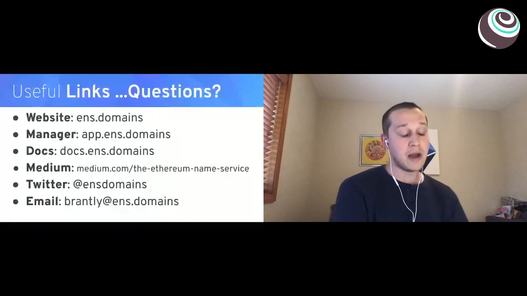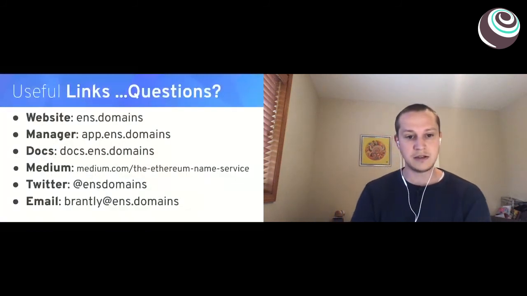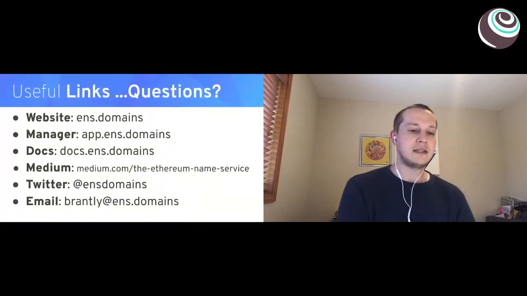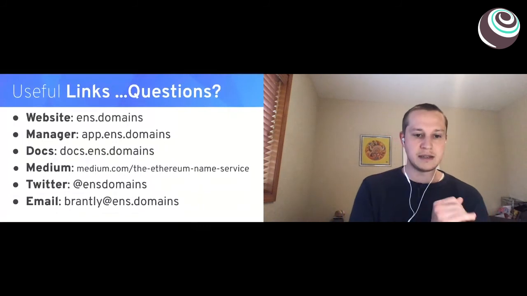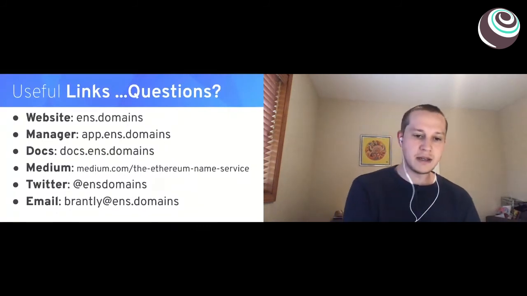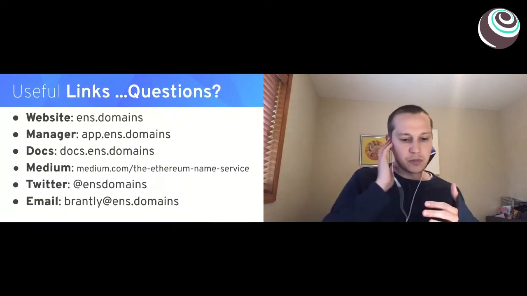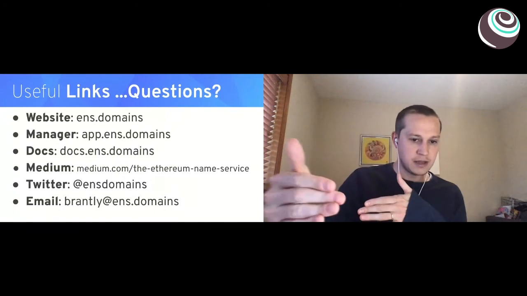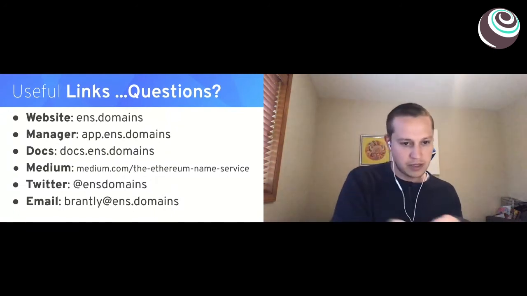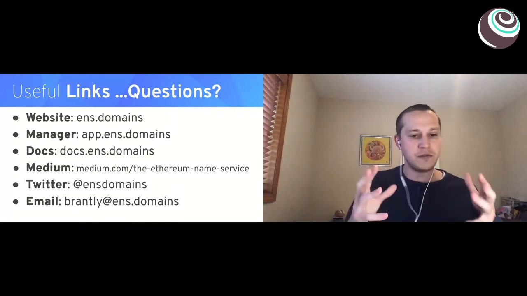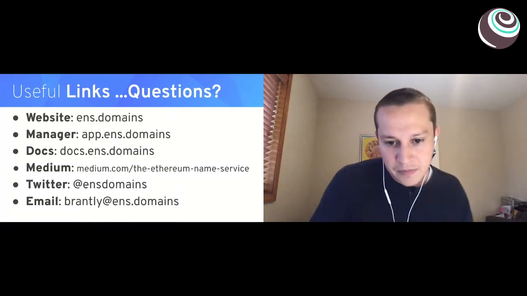So that means you have to own the DNS name in order to get the same name on ENS. We also will have a way that if somebody loses a name on DNS, you can delete the name on ENS. And if somebody claims a name on ENS, and then the DNS name is transferred to somebody else, that new person can take away that name and claim it for themselves on ENS. So it always follows DNS.